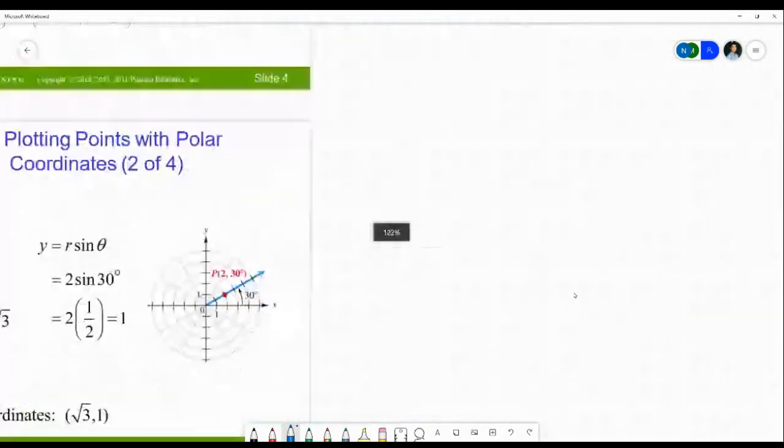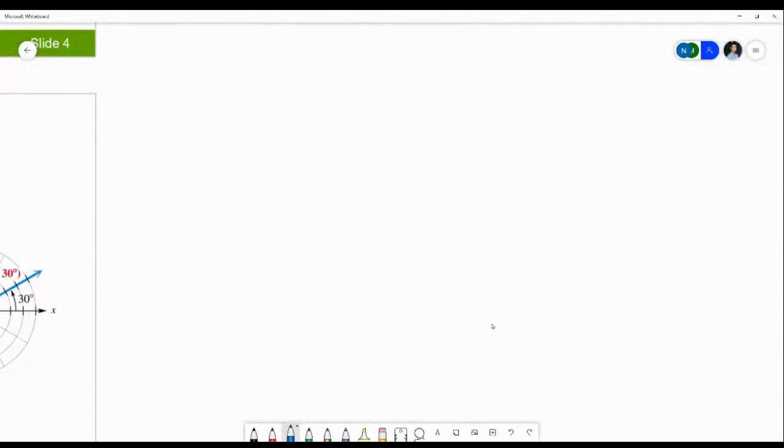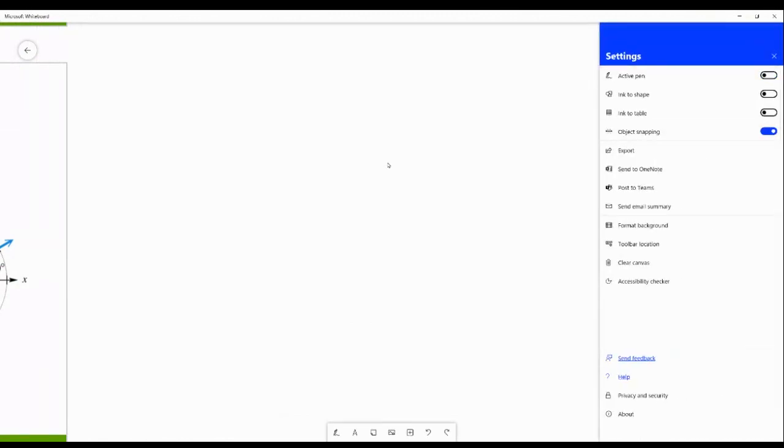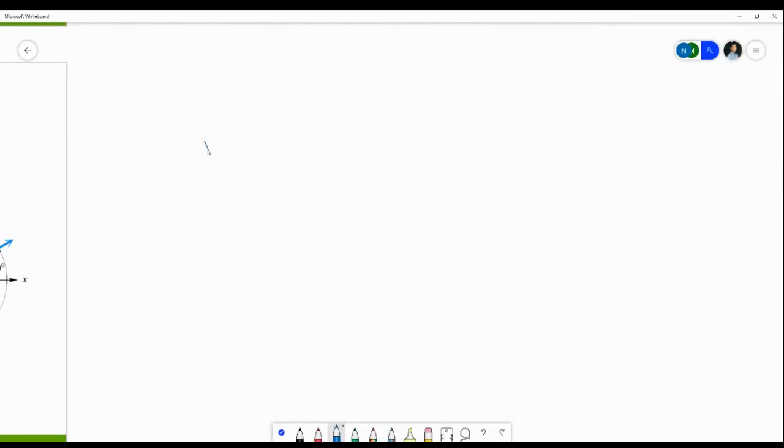Okay, so to answer your question, what happens when theta is negative? I'm writing with my mouse now, so it's not going to be as pretty. What happens if you have r equals 1 plus cosine of negative theta?